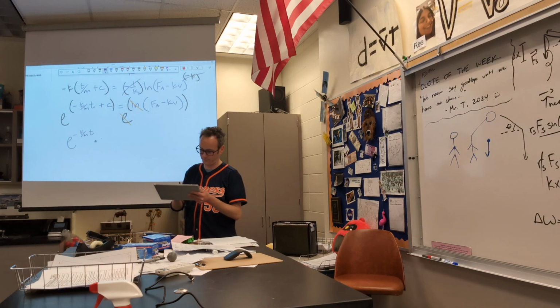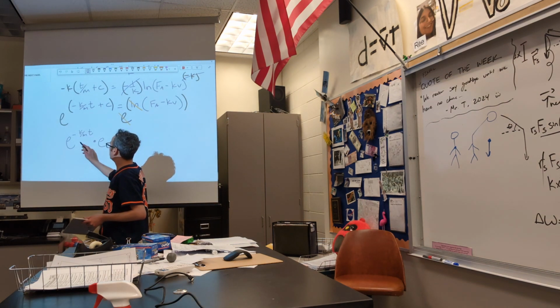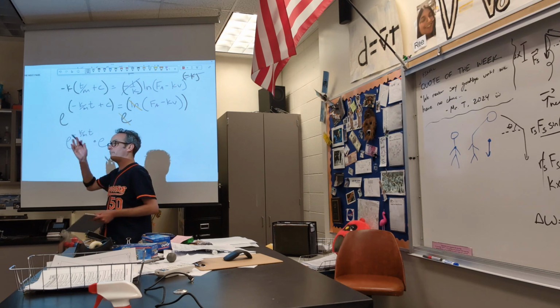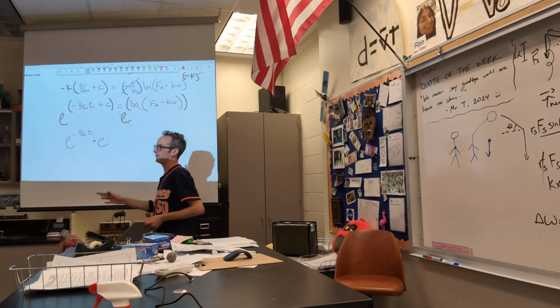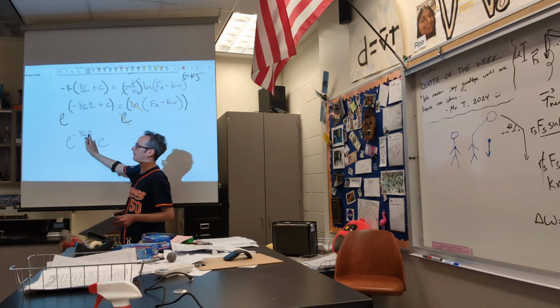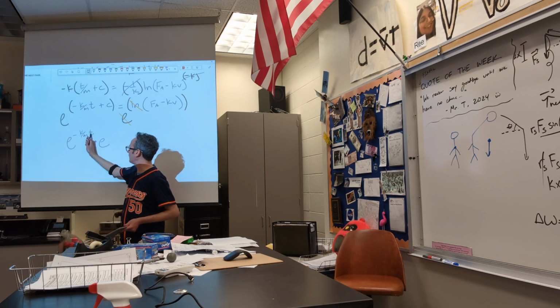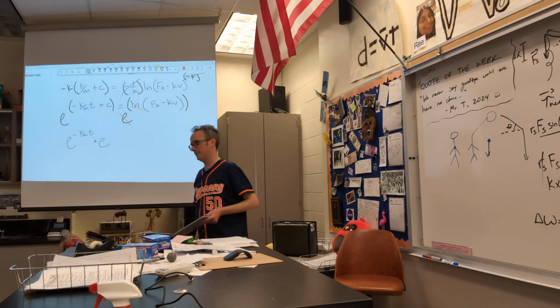That tends to be a better way to write this, which is all just absorbed into the uber c. Is it negative k times t over m, or negative k over m times t? Both is fine. k times t over m is the same thing as k over m times t. Generally, I'm used to writing it this way because typically in physics, your independent variable goes here and you throw the constants in front of that thing.